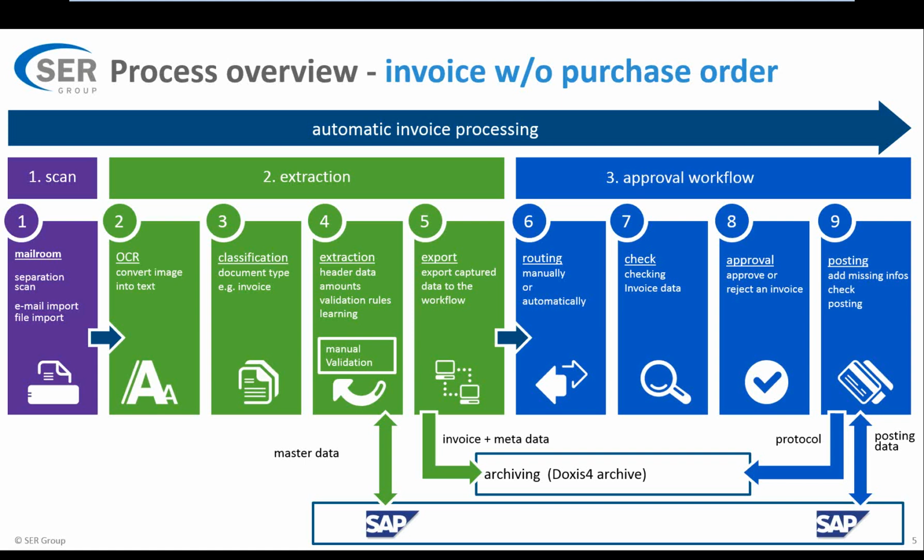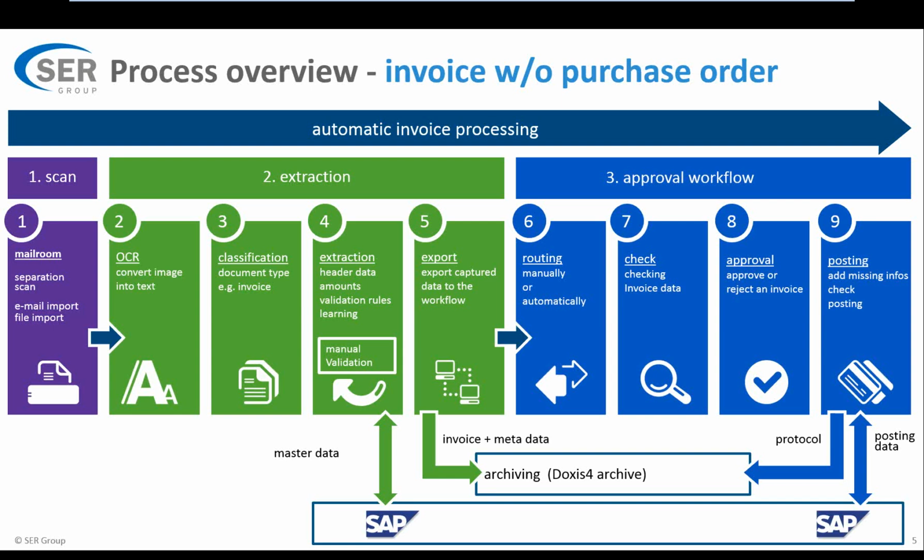I don't want to see this invoice anymore, so you can post it. Some of our customers say, okay, I'm the responsible accountant and I want to have the final check on the invoice before I post it to the SAP system. So it's up to them. It's no problem to change the process in this case. So yeah, everything is fine in the end.